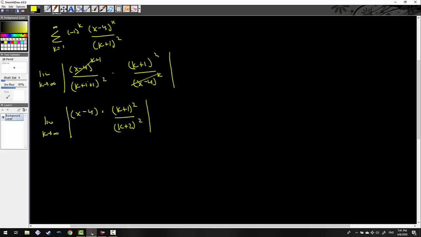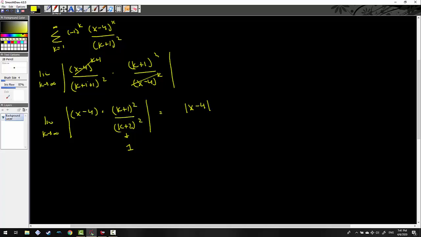Now, unlike the last example, this time, as k goes to infinity, well, these guys are of the same ilk. They're of the same power, which means this guy is going to go to 1, which is going to leave me with the absolute value of x minus 4. Now, unlike the last one, the absolute value of x minus 4 is not always less than 1.